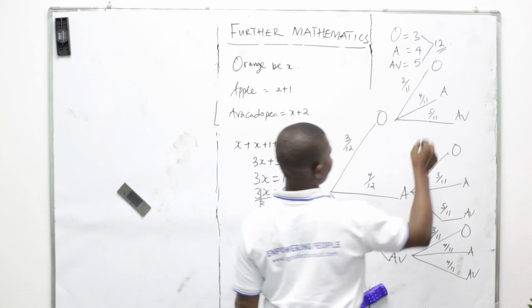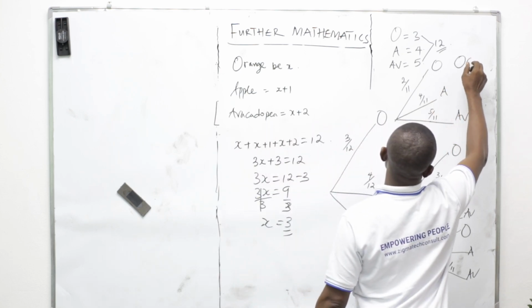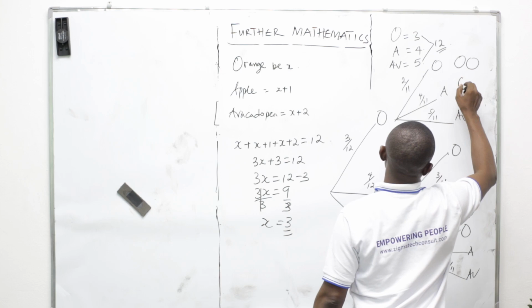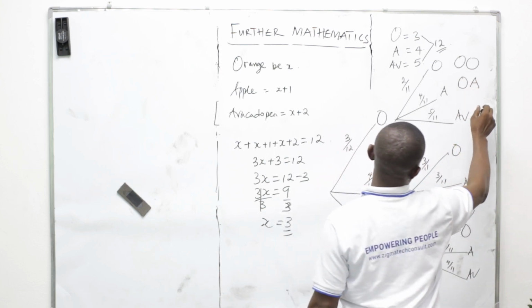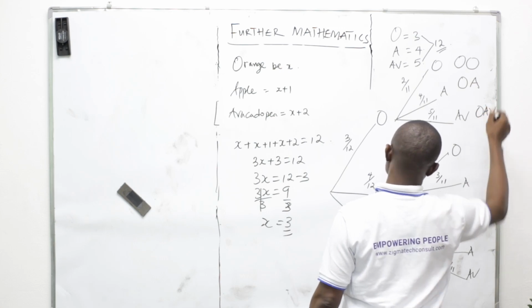The question is, find the probability that one is orange, the other is apple.